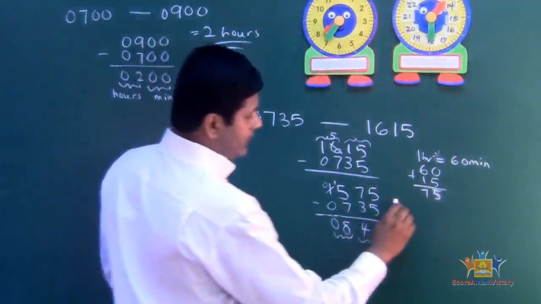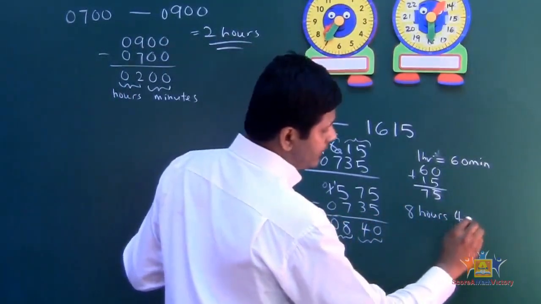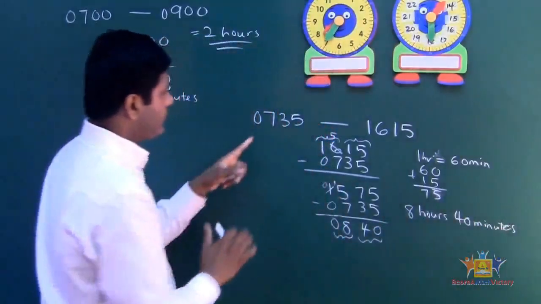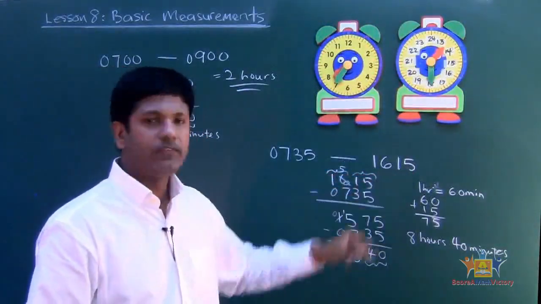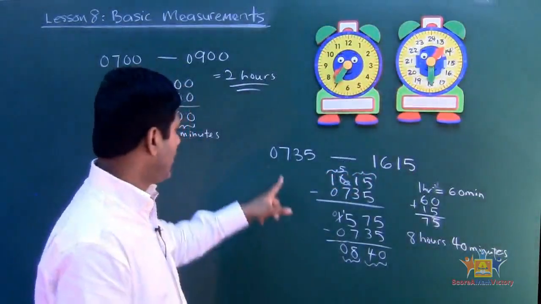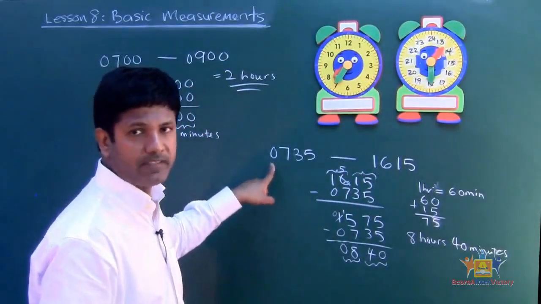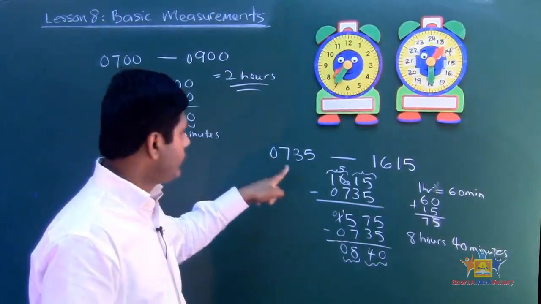That means the interval is 8 hours, 40 minutes, and that's the interval from 07:35 to 15 hours. How do we read that again? 07:35. Got to emphasize the 0. For the 24-hour system, when you want to read it, 07:35.